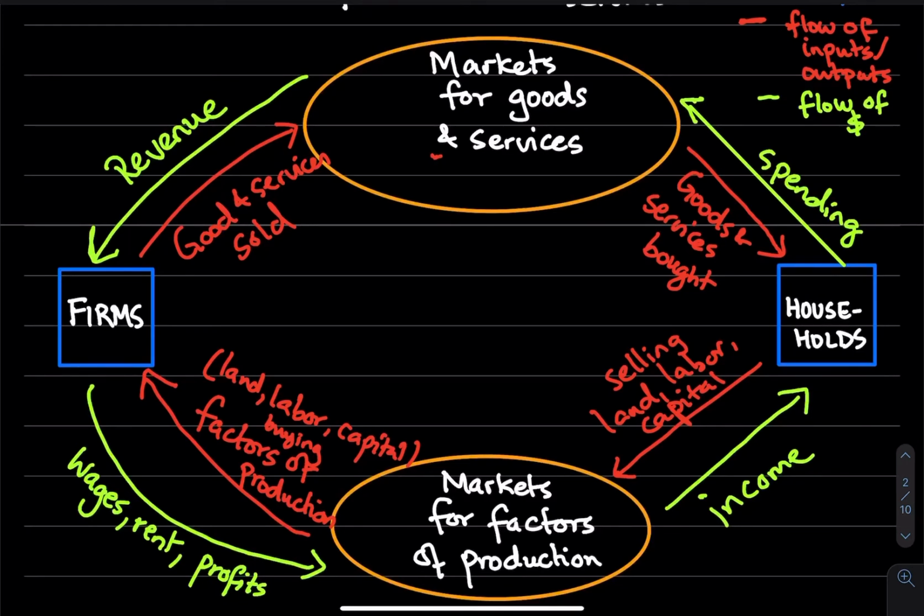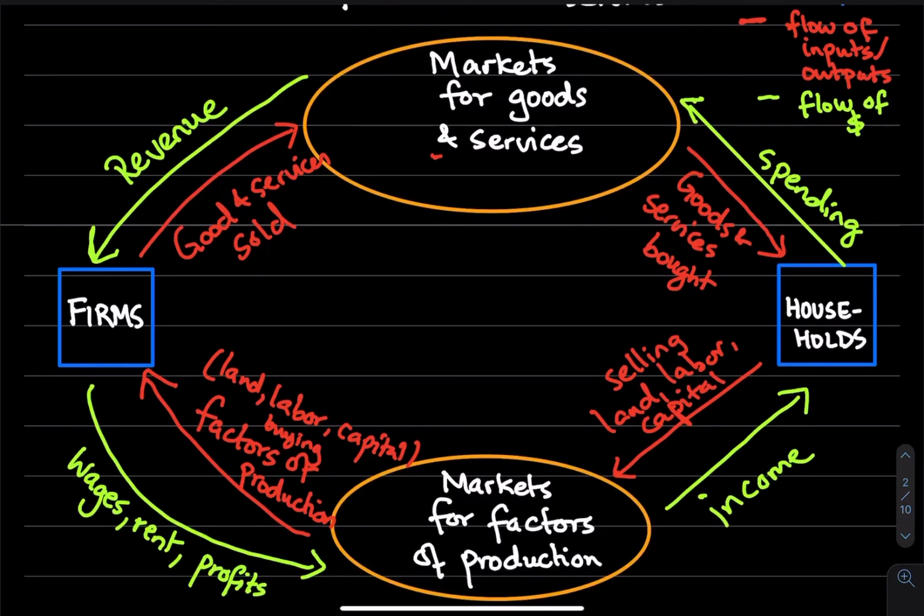And remember that the outer set of arrows, the green arrows, are representing the flow of dollars or the flow of funds or money, and the inner set of arrows, which are the red arrows, correspond to the flow of inputs and outputs.